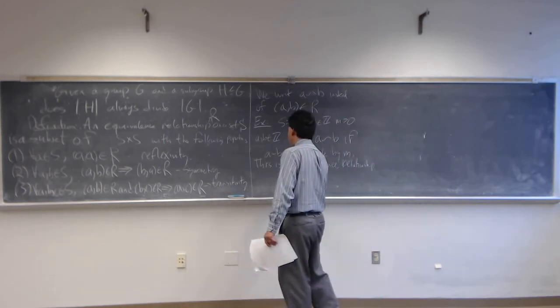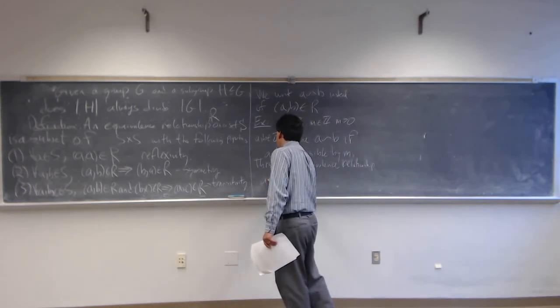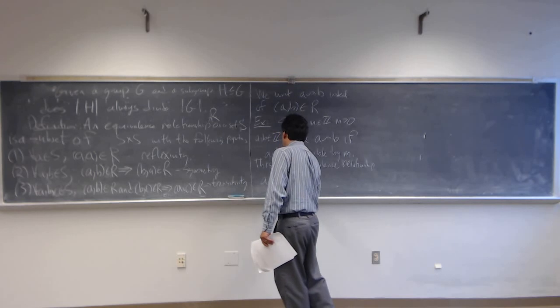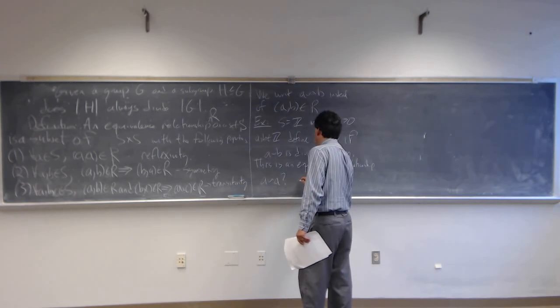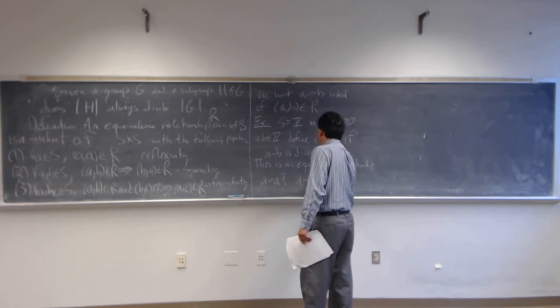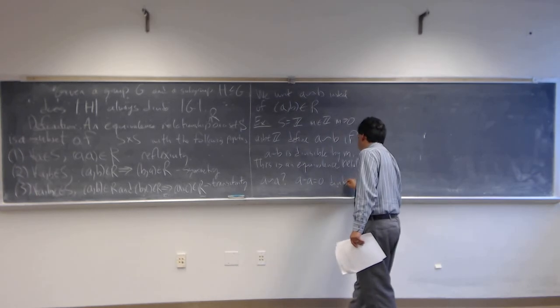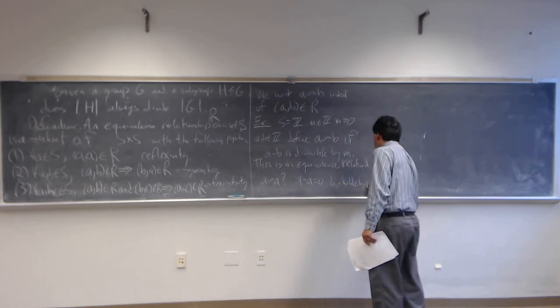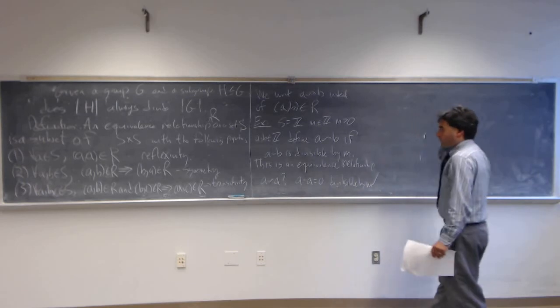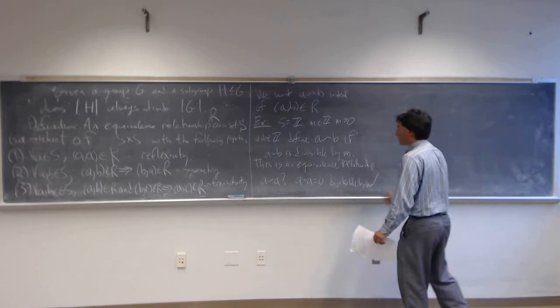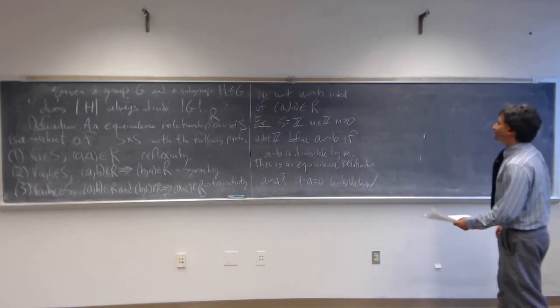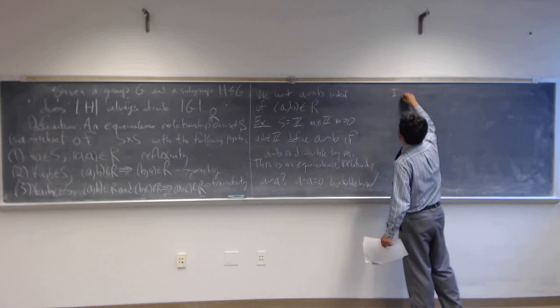So just quickly, why does A relate to A? Well, A minus A is 0, which is divisible by M. So we have reflexivity, we have symmetry.